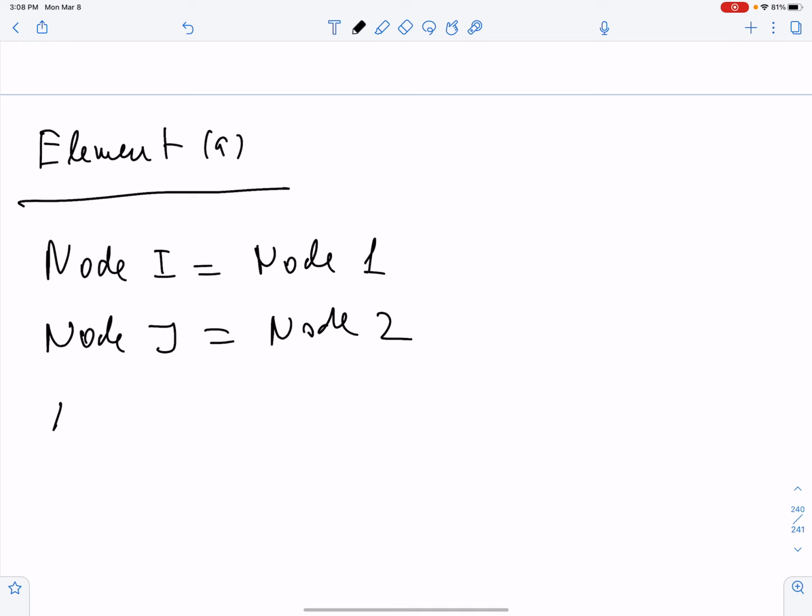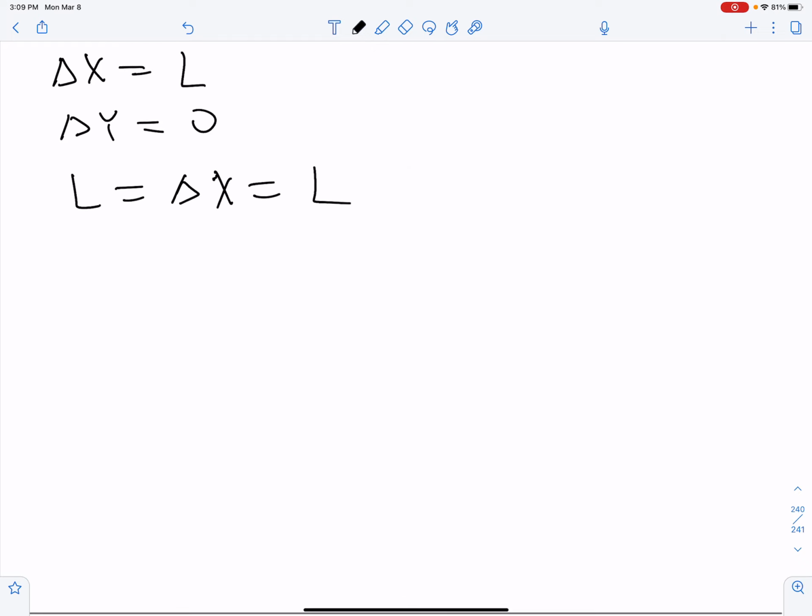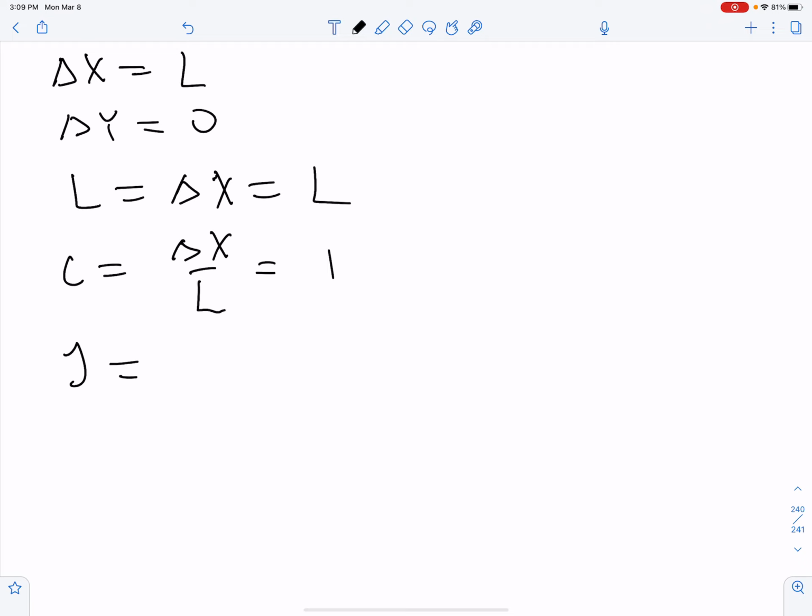Okay. Delta x equals L, delta y equals 0. So L equals delta x. This is the length. L is L. Cosine trivially becomes delta x over L equals 1. Sine trivially becomes delta y over L, identically 0.